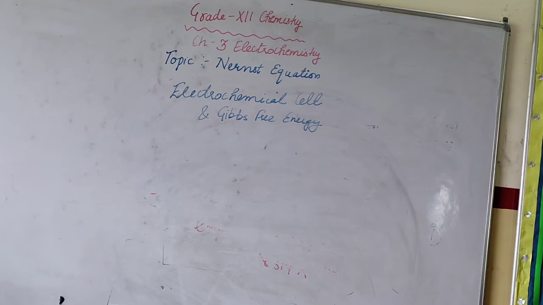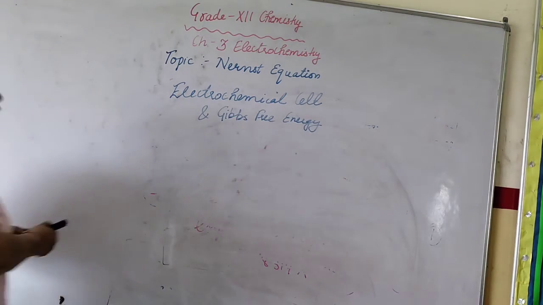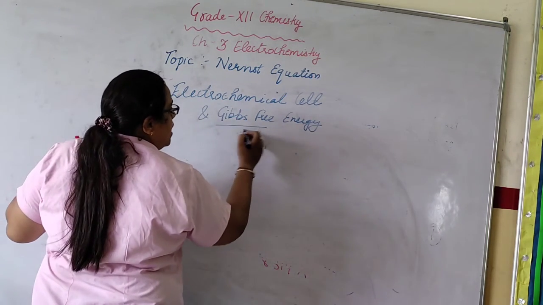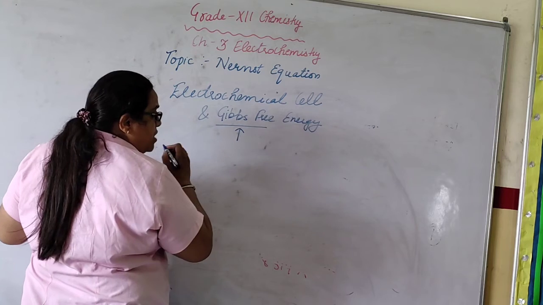Now, if we want to obtain maximum work from a galvanic cell, then the charge has to be passed reversibly. So the reversible work done by a galvanic cell is equal to the decrease in Gibbs free energy.